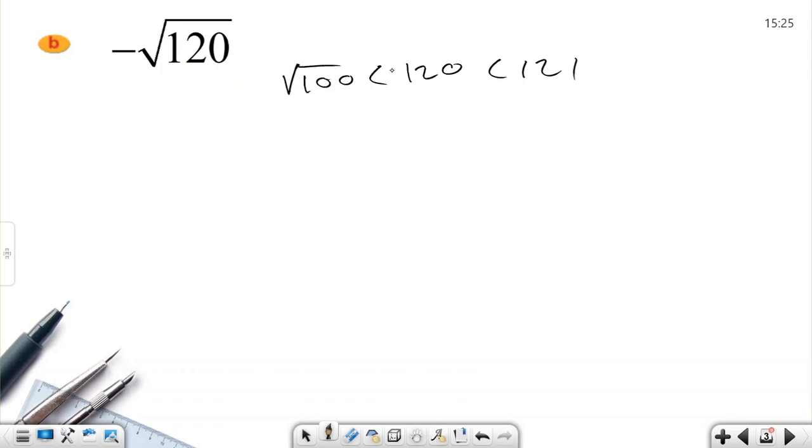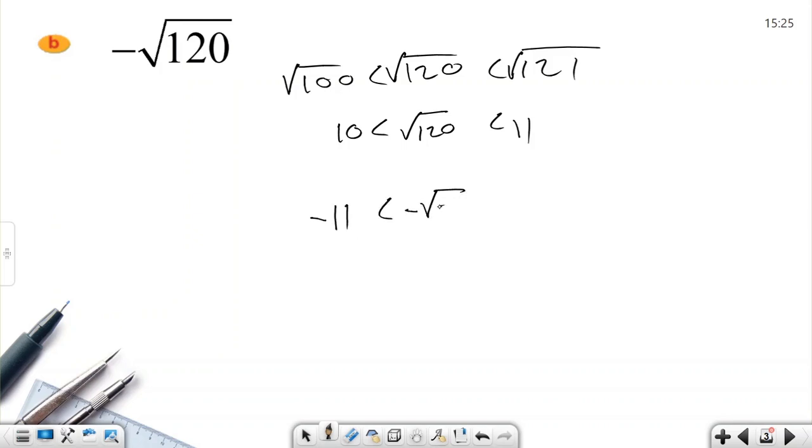If you take the square root of each, you can say 10 is less than the square root of 120 and is less than 11. Here, if you multiply all of them by negative, you must change the sign. Negative 11 is less than negative square root of 120, and it's less than negative 10.